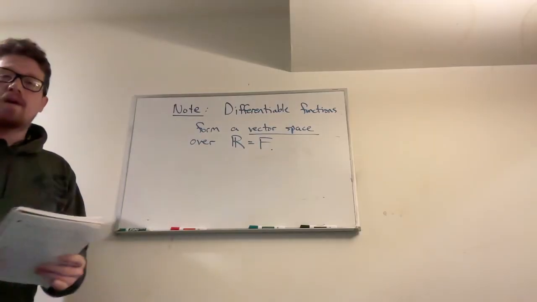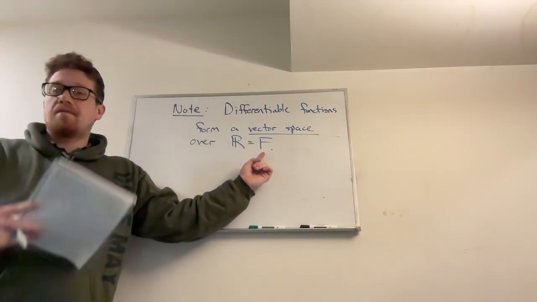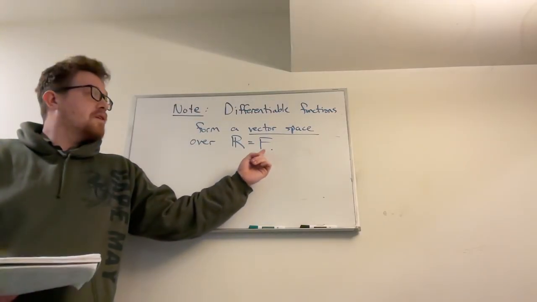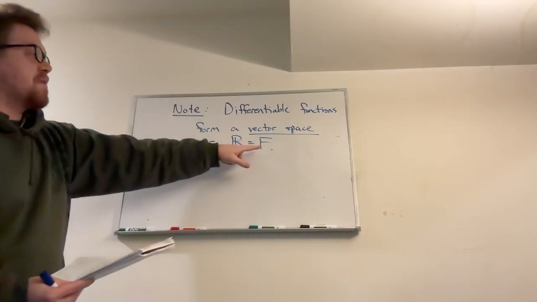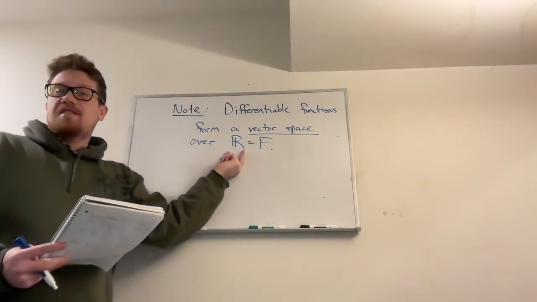So usually we'll write the field. You can have a vector space over any arbitrary field. We'll usually write the field as F. Maybe I should have written F equals R, but this is the set of real numbers.